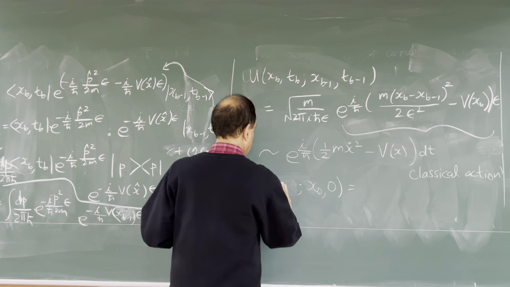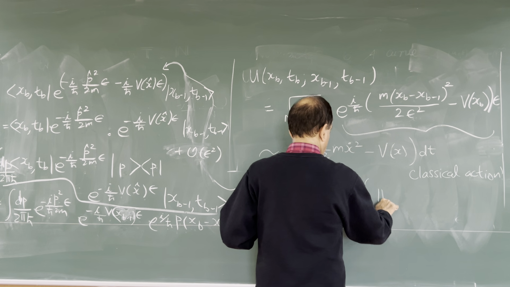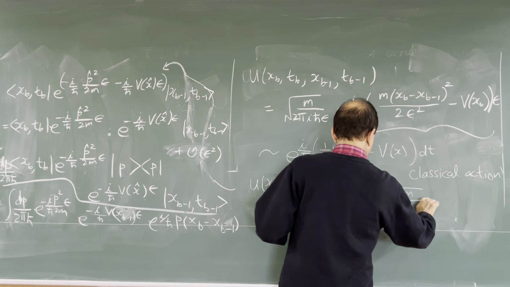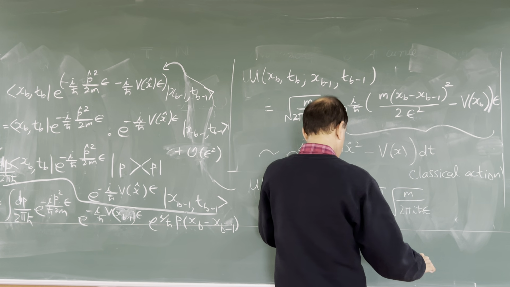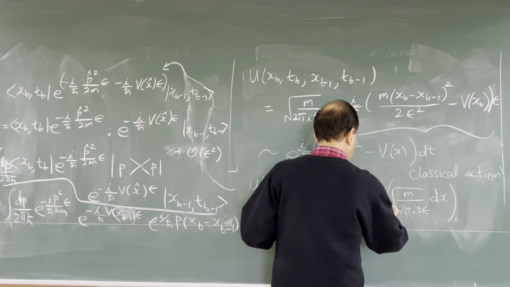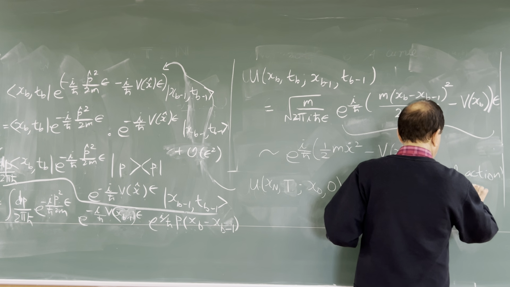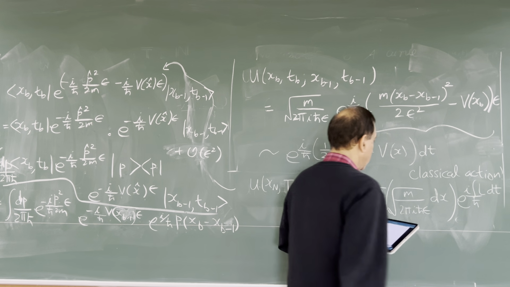So this one I'm calling capital T, is equal to the integral, product of root m over 2 pi i h bar epsilon, dx, multiplied over all x, e to the i integral L dt over h bar.